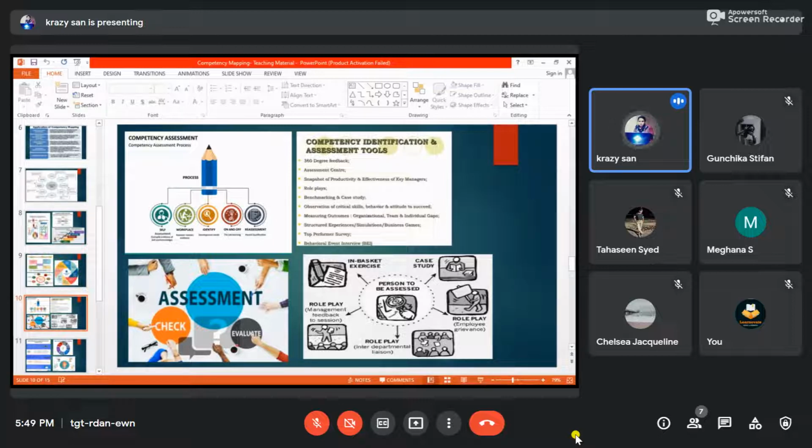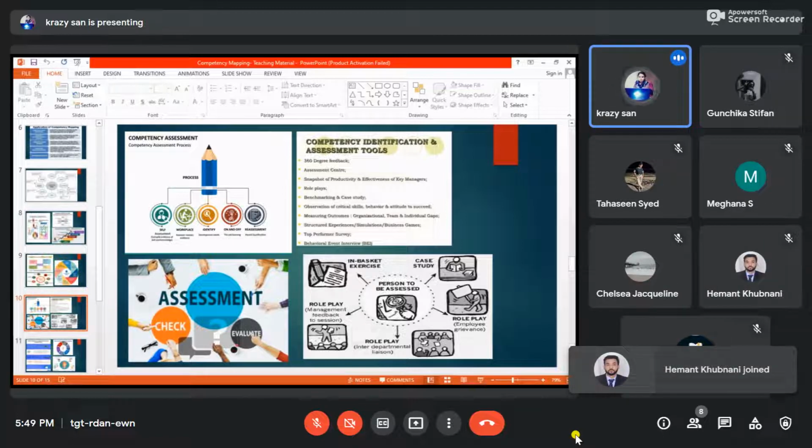So employees and employers both have to properly identify each other's competencies, and then with cooperation and coordination, both employees and employer have to grow and achieve success in their organization.